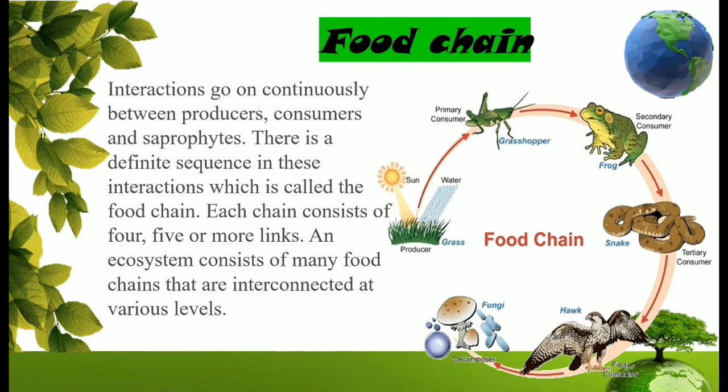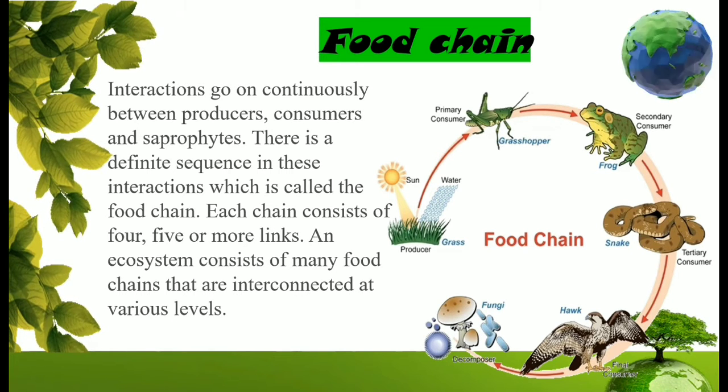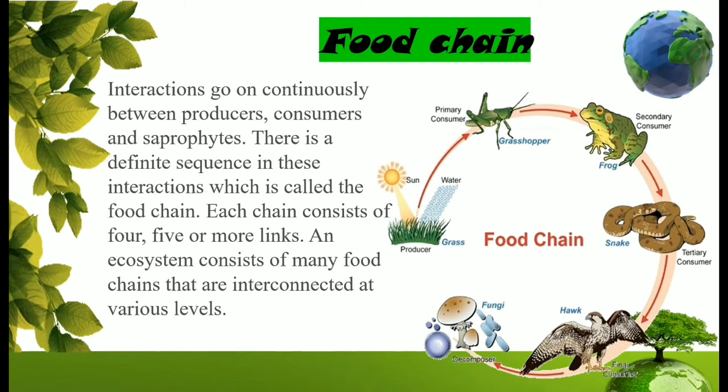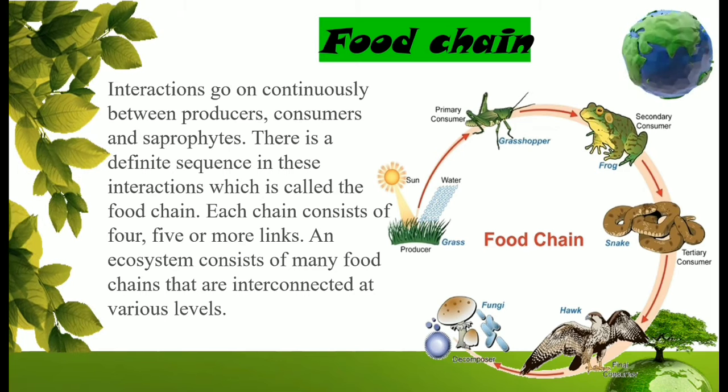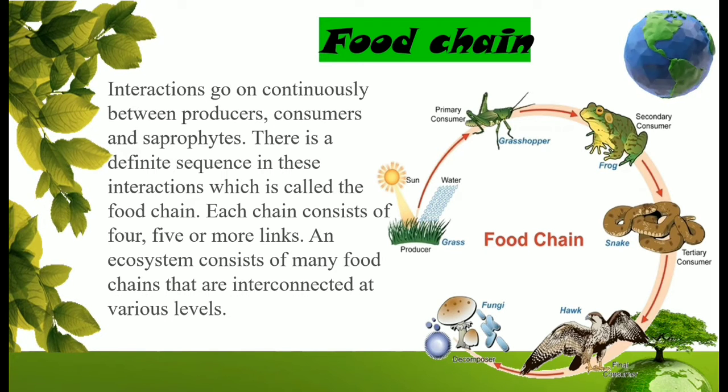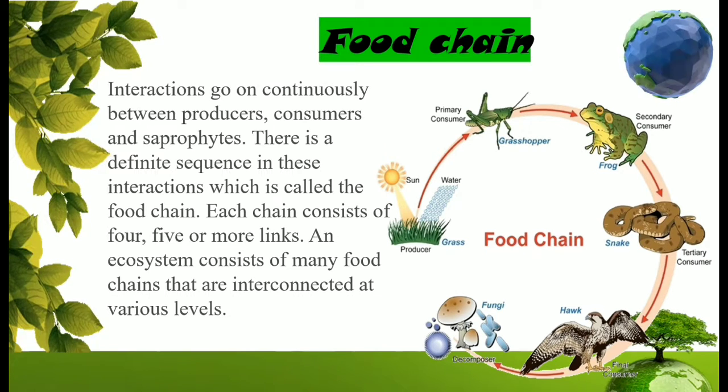This frog is now eaten up by the tertiary consumer, that is the snake. Now when these animals die, they are decomposed with the help of fungus, bacteria and worms. So they form a chain. There is a proper chain that you see, and that is why it is known as a food chain. So I hope food chain is clear and understood to you all.